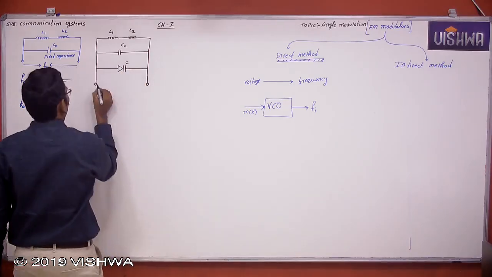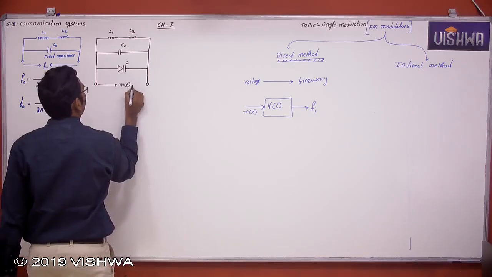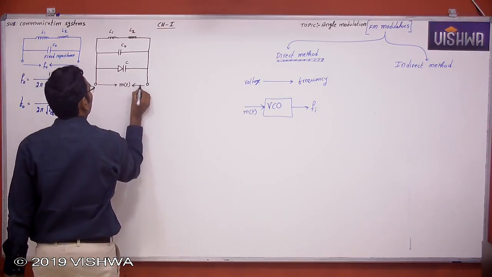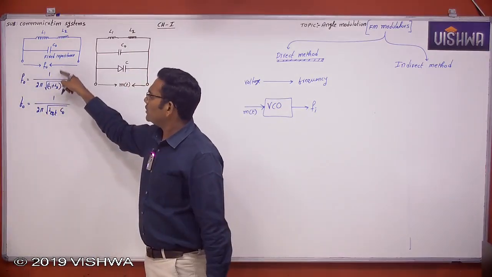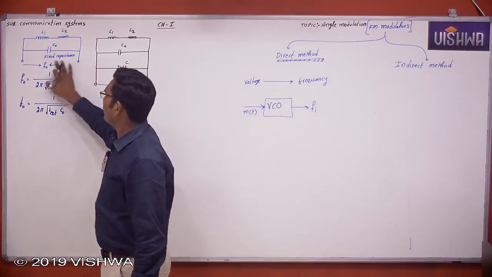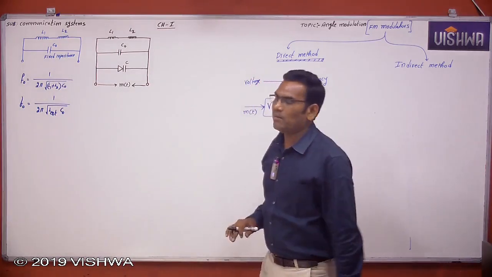Okay, now a controlling voltage is m of t. Even if there is no controlling voltage here, under open circuit also it will generate one frequency which is F0. Okay, there is no controlling voltage here, but there is a controlling voltage of m of t here.